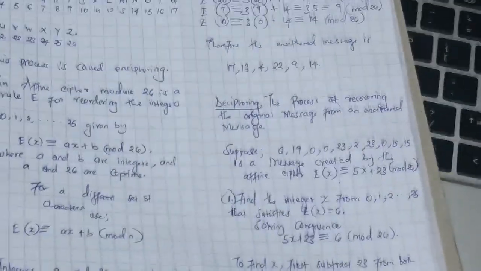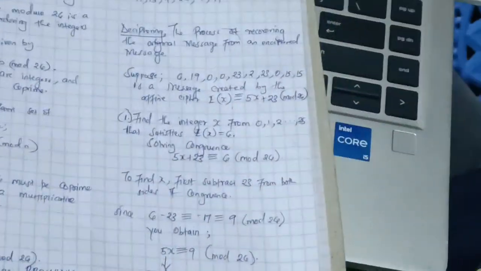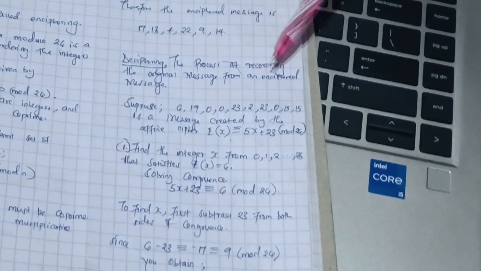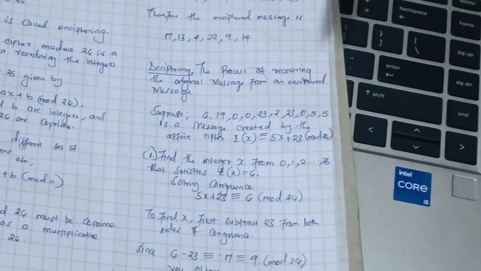After enciphering, there is deciphering. If we have a positive, we have a negative of everything. It's a process of recovering an original message from an enciphered message.